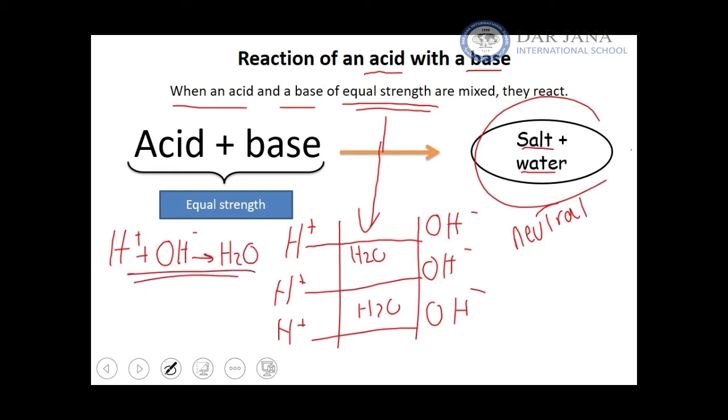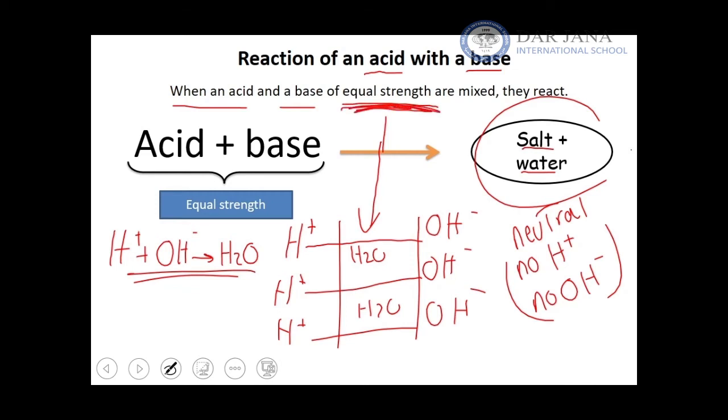Okay, so this is why in the result you have neither hydrogen ions nor hydroxide ions. So the resulting substance will be neither an acid nor a base. So this is why it will be a neutral substance. Why? Because the acid and the base were equally strong.